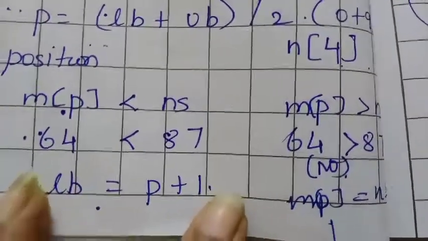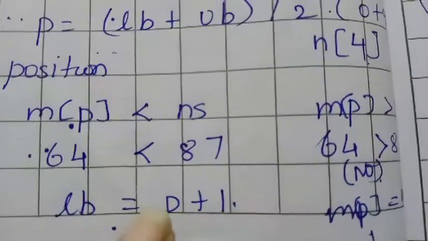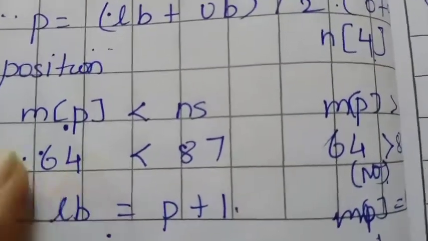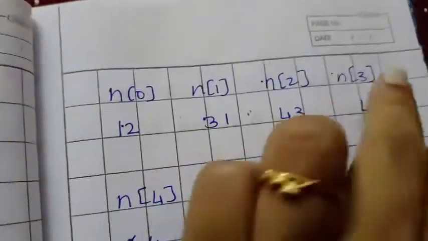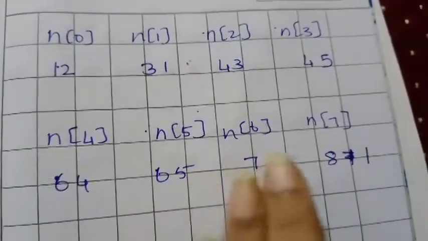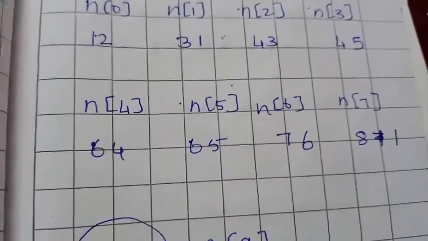So we are changing the lower bound to the next element of the 64. So till this, 87 won't be there because this is the smaller part and this is going to be your higher part. So after 64 only 87 is present.